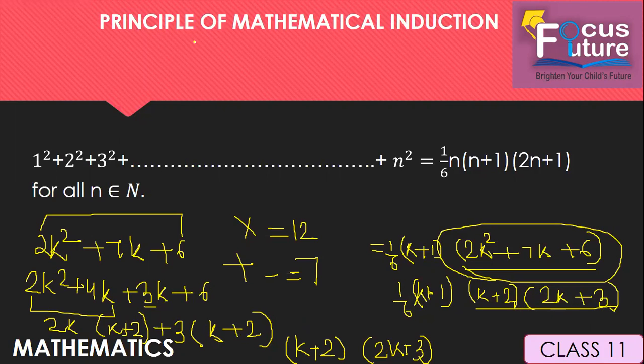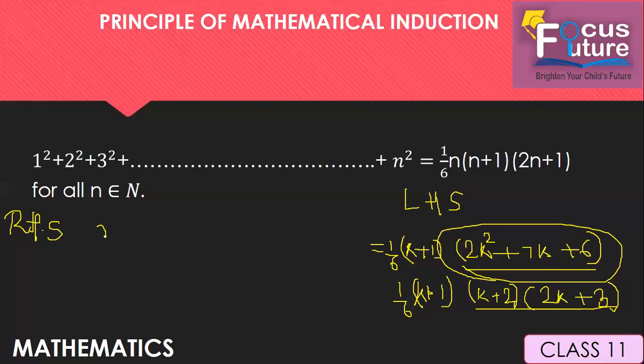Now let us solve our right hand side as n is equal to k plus 1. Here let us put n is equal to k plus 1 in this right hand side. 1 by 6 k plus 1, right?